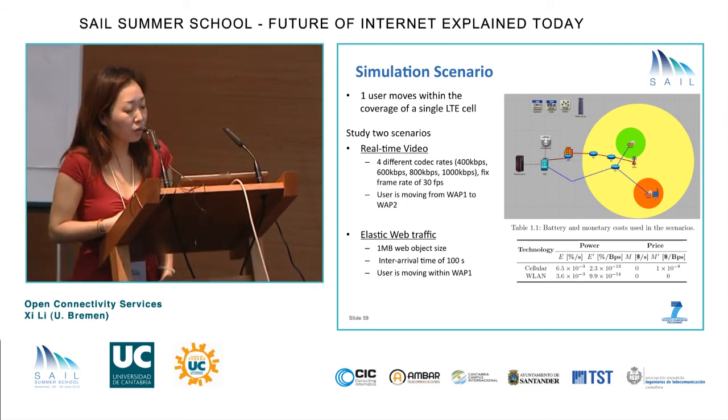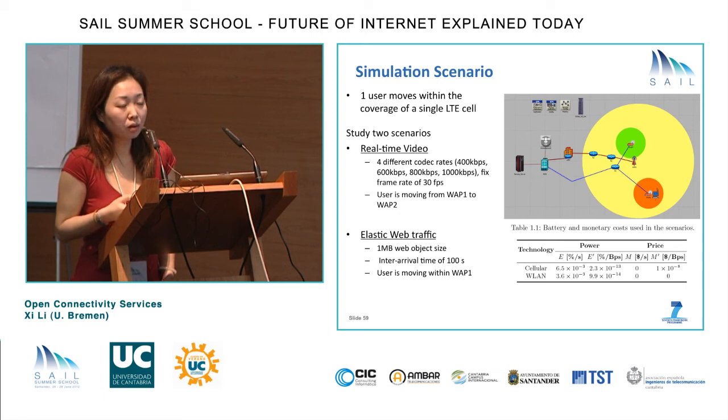In the second scenario, the user is only transmitting web traffic, and the user is only moving inside wireless LAN access point 1, and has the possibility to connect to both wireless LAN and LTE networks at the same time.